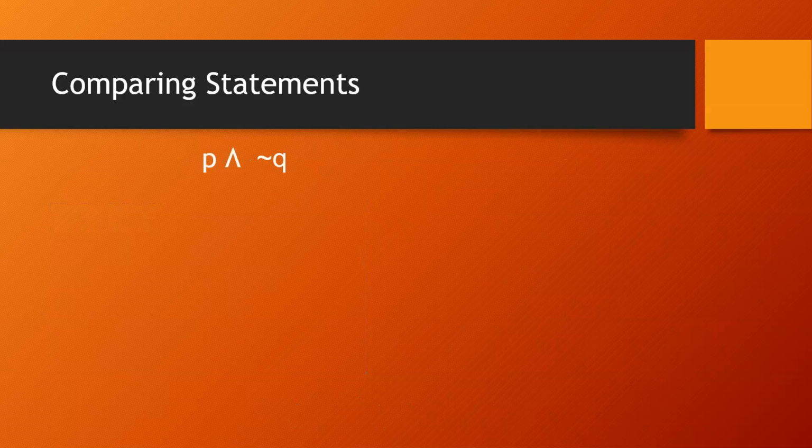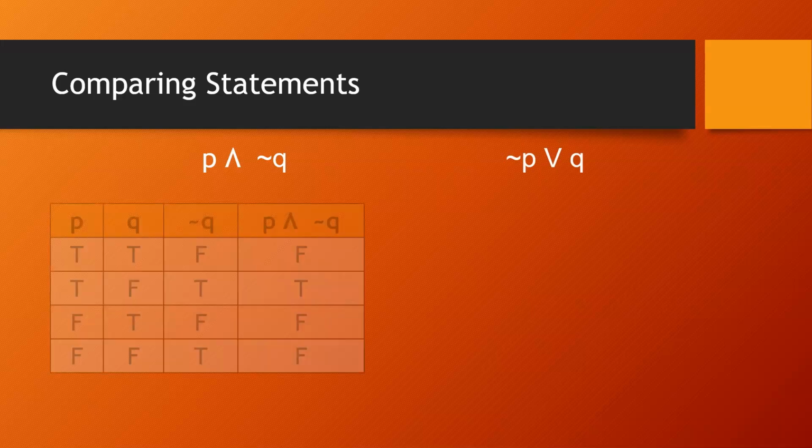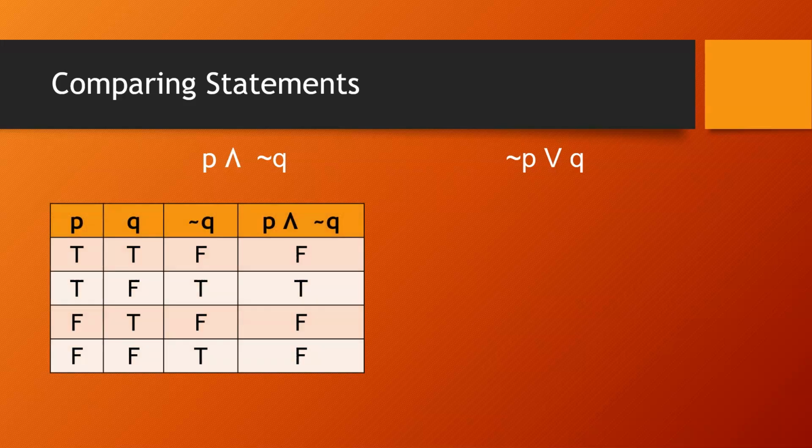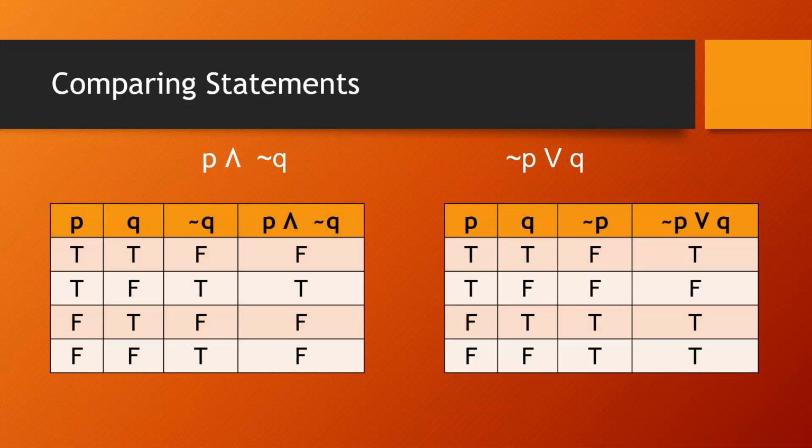Let's try comparing these two. P and not Q compared to not P or Q. Once again, we'll make truth tables for each statement, and then we'll compare the solutions column for the two statements. Now what we notice is that the solutions columns are exactly opposite each other.